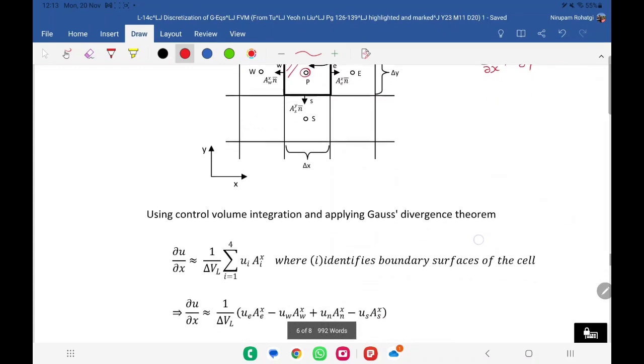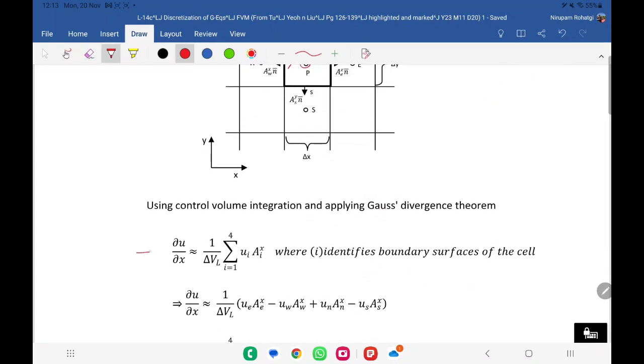Now del u by del x is equal to this. You are finding del u by del x at point P. It is evaluated on all four surfaces, where you have to find this integral. Del u by del x is found at the centroid of point P, and you have to take all the surfaces around it and find the values of ui and aix.